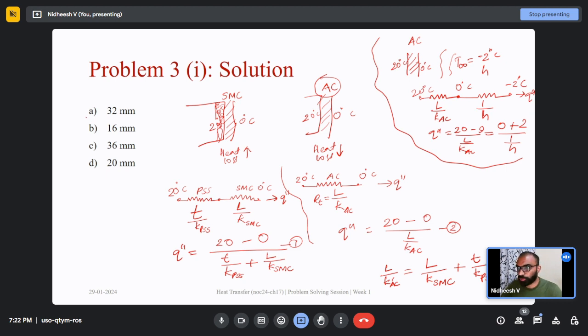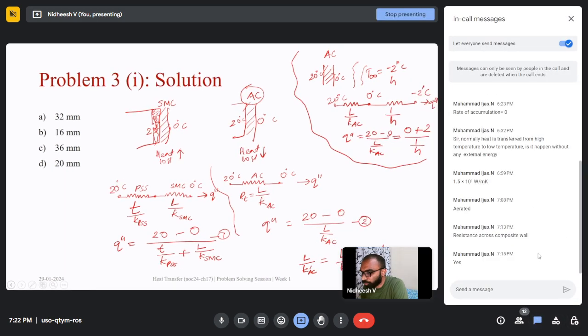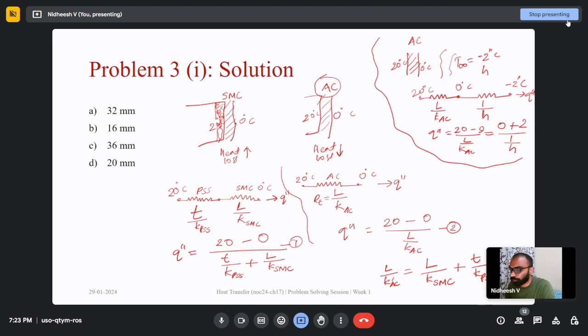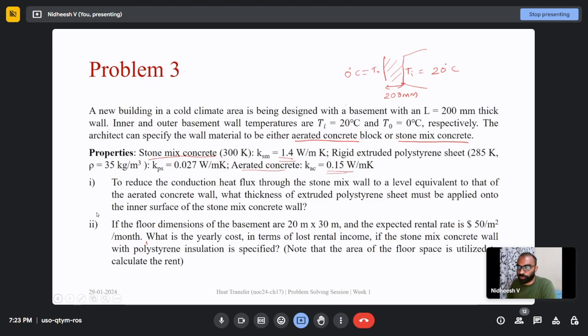You can also calculate it later. Is someone calculating? Let me see if there is some answer. Sir, can you go back so that we can see the value of conductivity? Okay, sure.